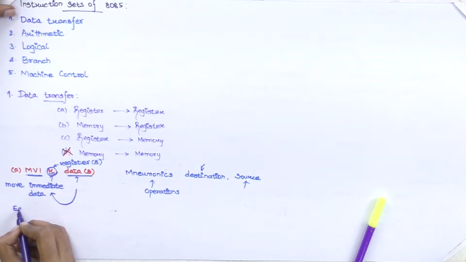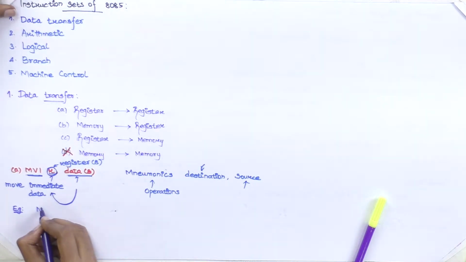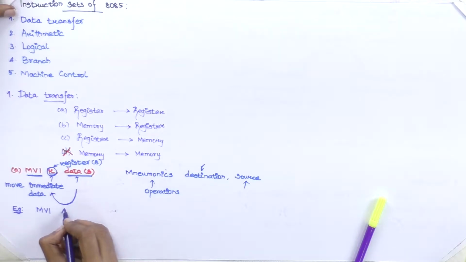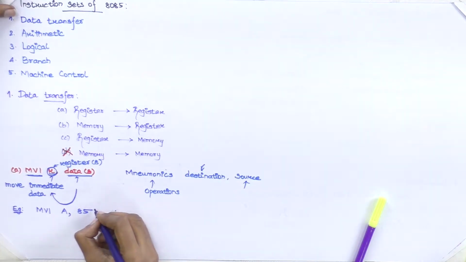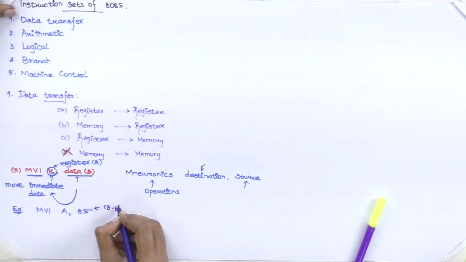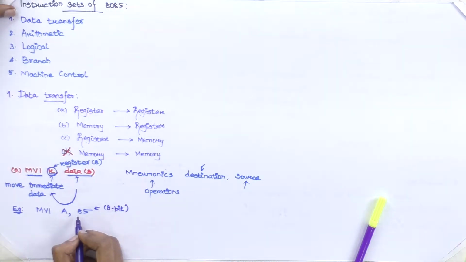For example, if you take MVI A, 85, here 85 is the input data, which is nothing but the 8-bit operand, and it will be moved to the accumulator.